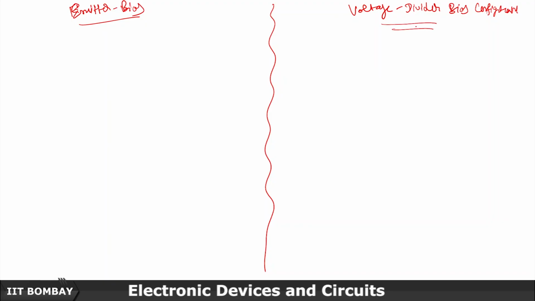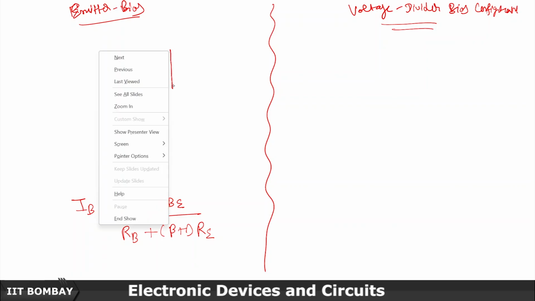We can ignore the fixed bias because we already proved in the previous lecture that the emitter bias is doing a better job than the fixed bias. If we correctly remember, IB is equal to VCC minus VBE divided by RB plus beta plus 1 RE. This was the expression which we derived in the last lecture, and the circuit was this.